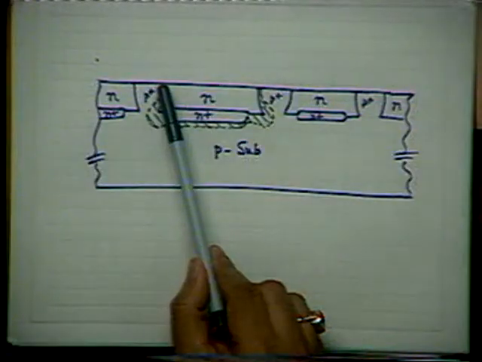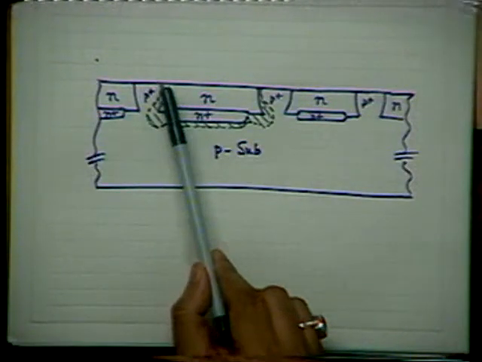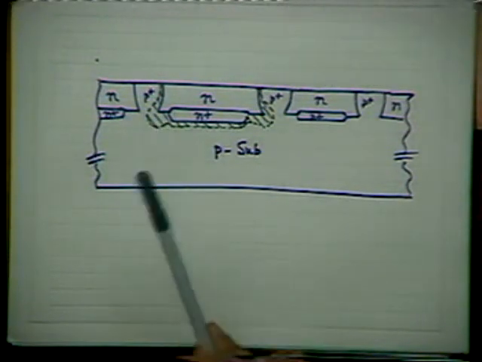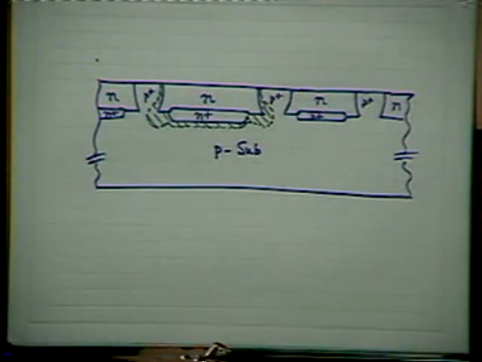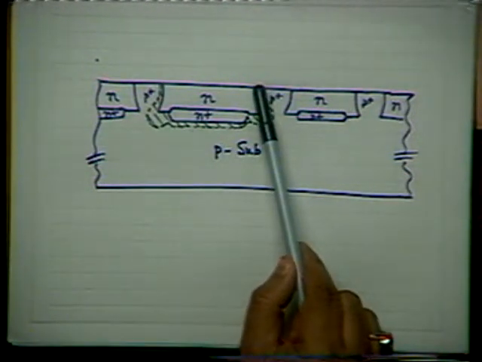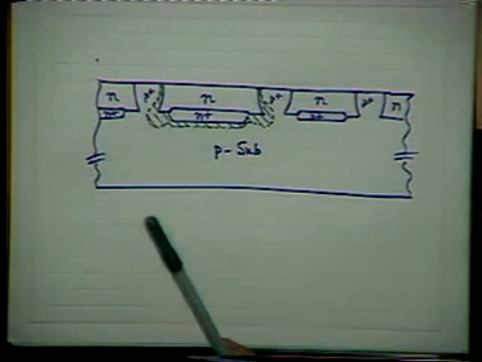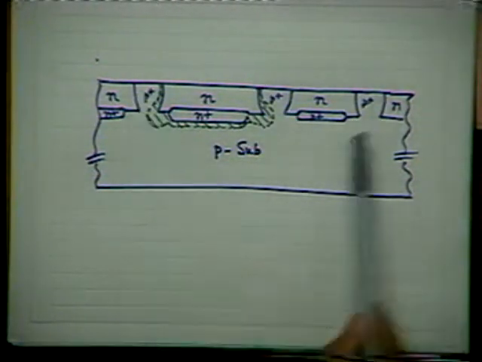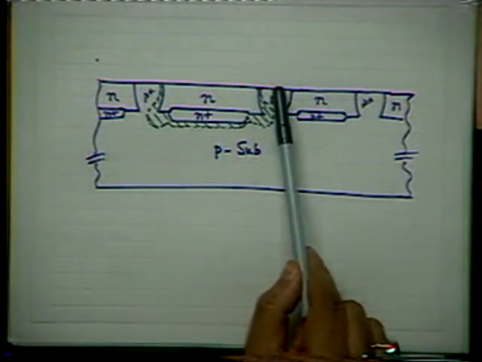You note that near the surface the depletion layer width is extremely small, whereas near the bottom it is the maximum. Why? Here the depletion layer width is very small, but here it is large. Why? Because this was done by isolation diffusion.